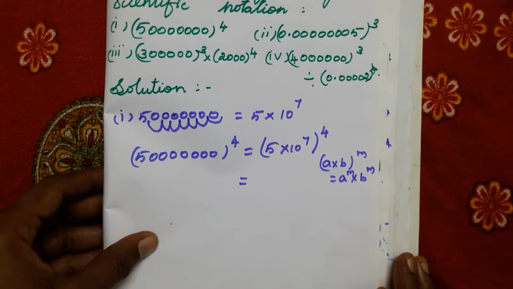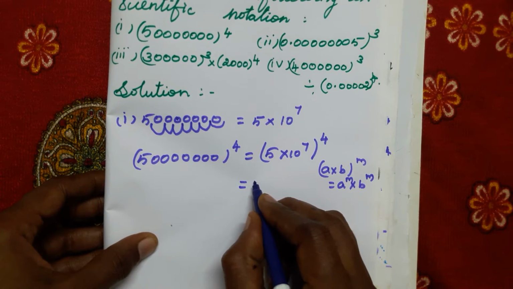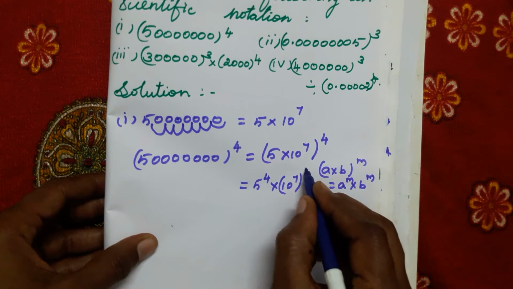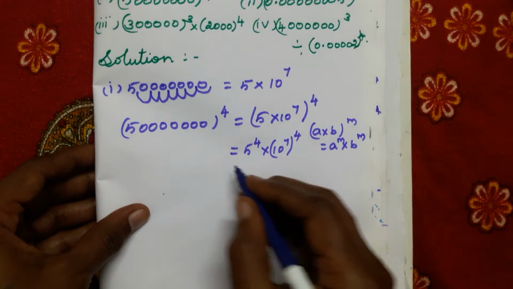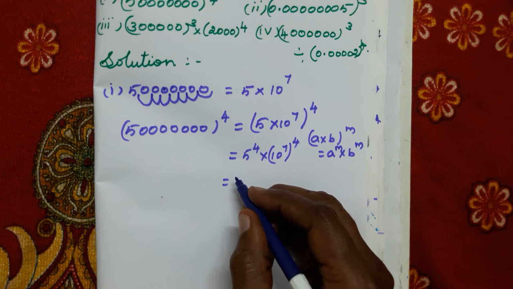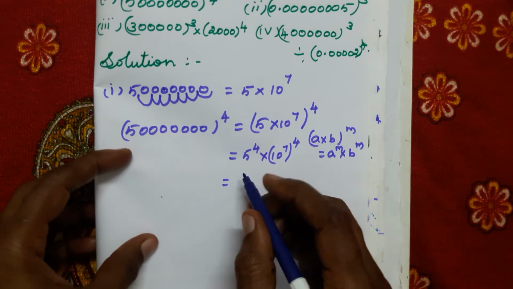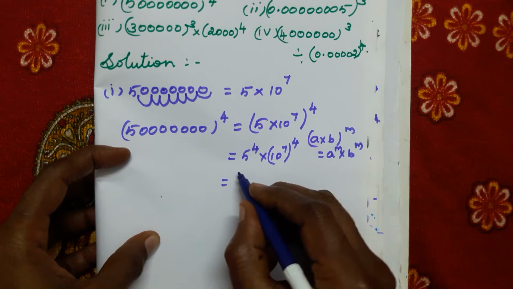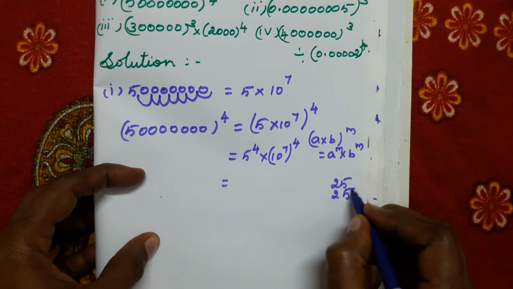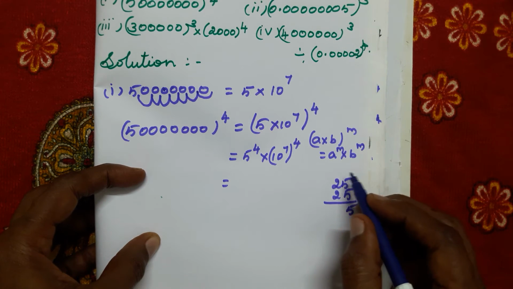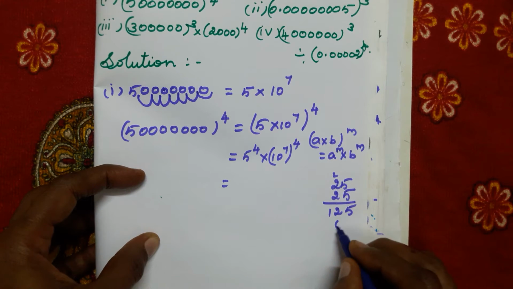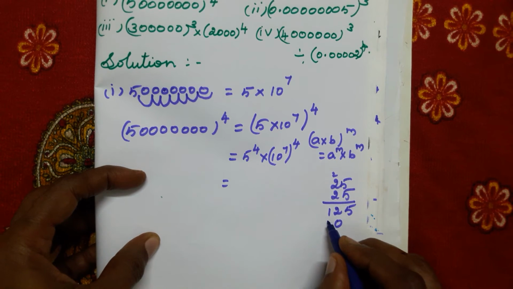So we can write 5 power 4 into 10 power 7 the whole power 4. 5 power 4 means 5 into 5 into 5 into 5. 5 5s are 25, 25 into 25. 5 5s are 25, 2 balance; 5 2s are 10 plus 2, 12. 5 2s are 10, 1 balance; 2 2s are 4 plus 1, 5.